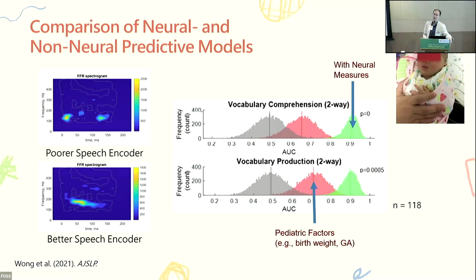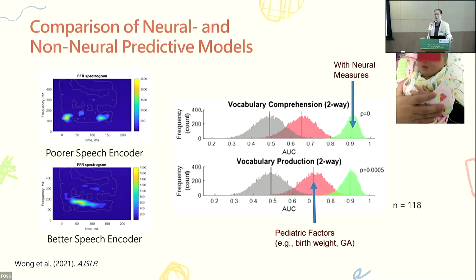Now, let's compare these two types of data, neuro data and non-neuro clinical data. If we use clinical data, like birth weight and gestational age, to predict future language abilities, using a binary classification, the 16th percentile is the cutoff. The 16th percentile is one standard deviation below the mean.